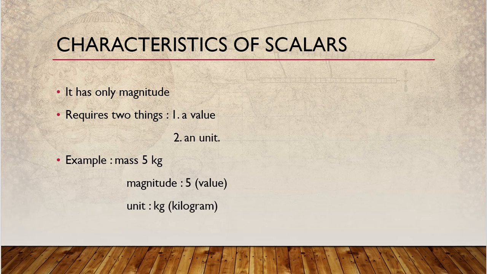For example, the mass of an object is 5 kg. Here, the magnitude of the mass is 5, a value, isn't it? And the unit is the kilogram. So the scalar is having a particular magnitude and a unit. So these are the requirements of a scalar.